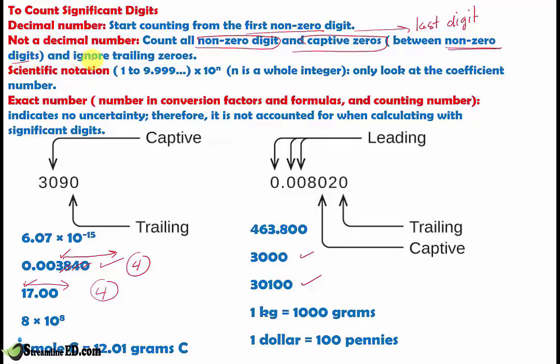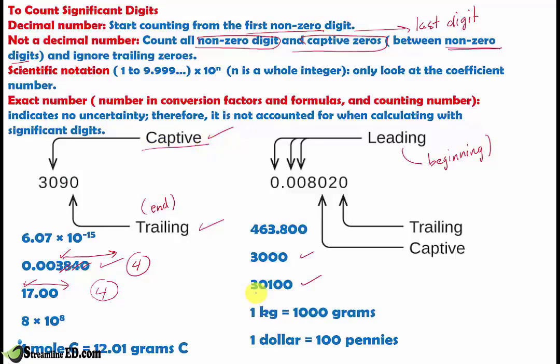And we are going to ignore the trailing zeros, okay? So in this case, we have specific types of zero: captive zeros between two non-zeros, trailing zeros at the very end of a number, and then we have leading zeros, which are at the beginning of a number. So again, we are only going to focus on captive zeros and non-zeros.